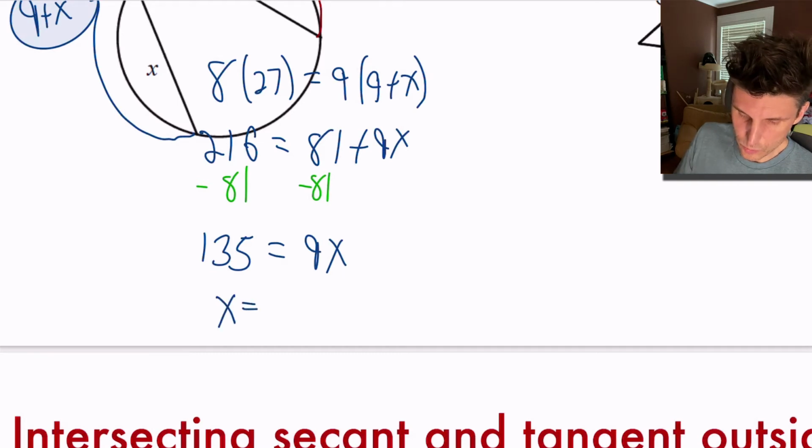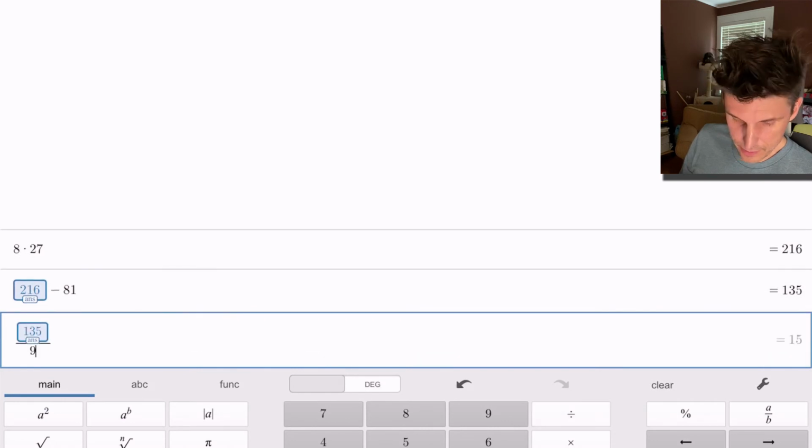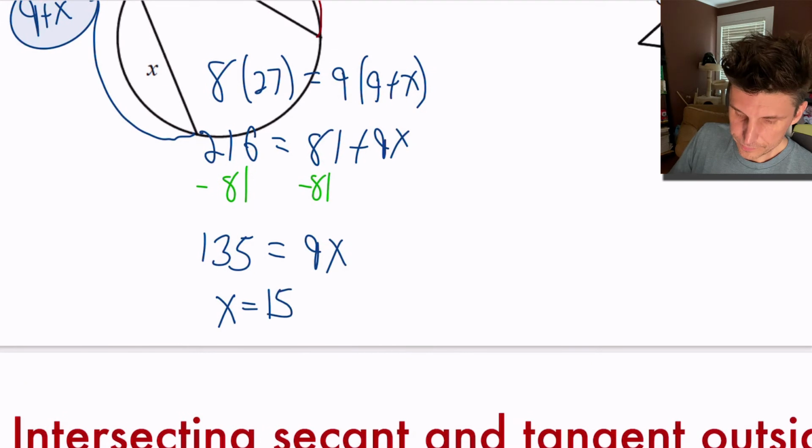And so x equals 135 divided by 9, which is 15. All right, there's that one.